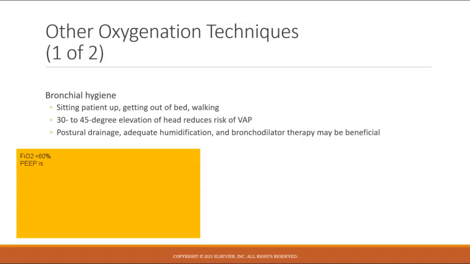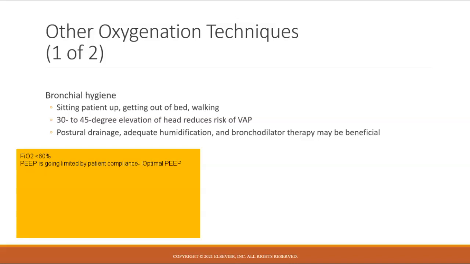My PEEP is going to be limited by the patient's compliance. Meaning that I have to go through that optimal PEEP. I can only go up on my PEEP so much before I've overdistended those alveoli.